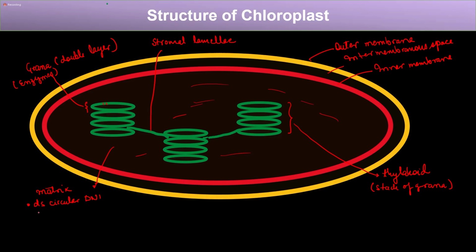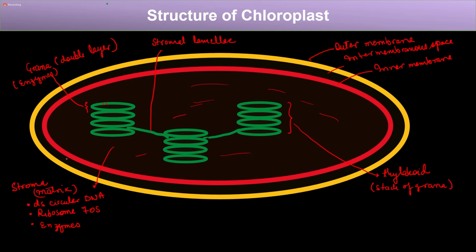Apart from this, it has 70S ribosomes, as mitochondria also do, and certain enzymes. The matrix of the chloroplast is known as stroma.